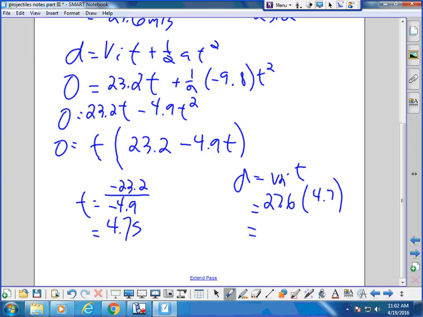Oh, it's close. No, 27.6 times 4.7. 129. He makes it by 9, almost 10 meters. In fact, he's probably overshot the ramp.